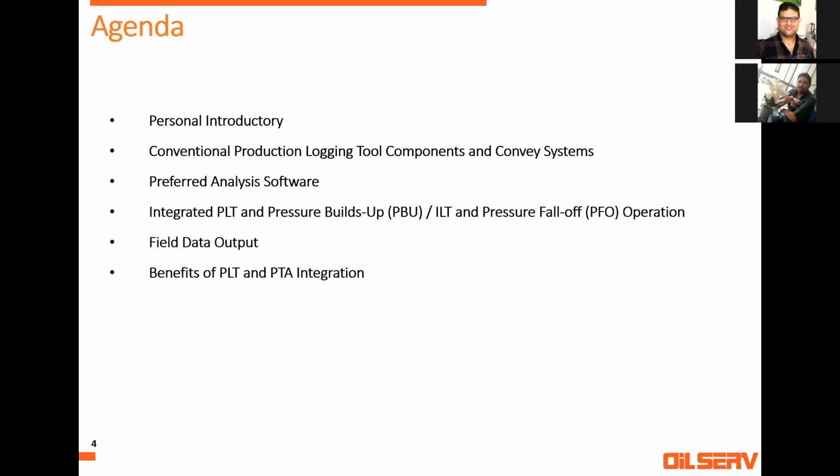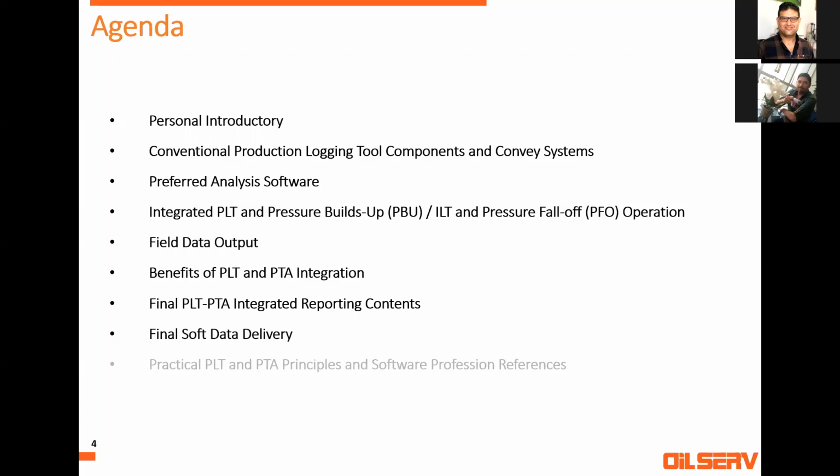PTA is pressure transient analysis; maybe I didn't mention that. Then the final PLT and PTA integrated report contents, final soft data delivery, practical PLT and PTA principles, and software proficiency references. I will give some references for people who have interest in such a subject that will be practically useful for them.